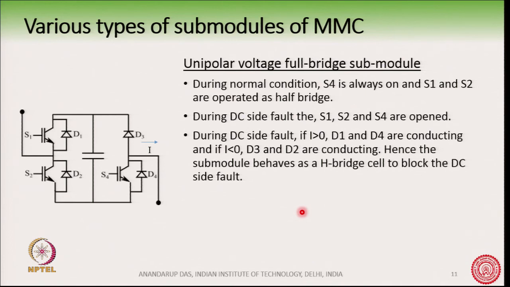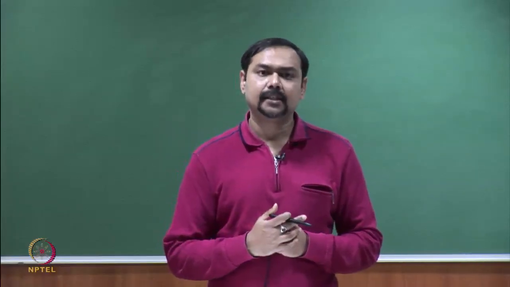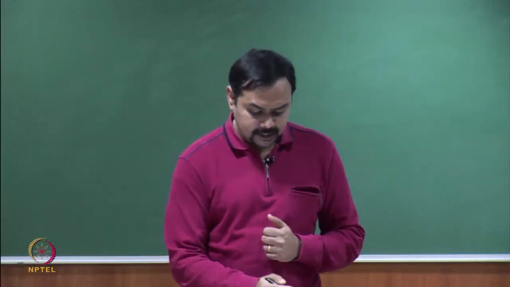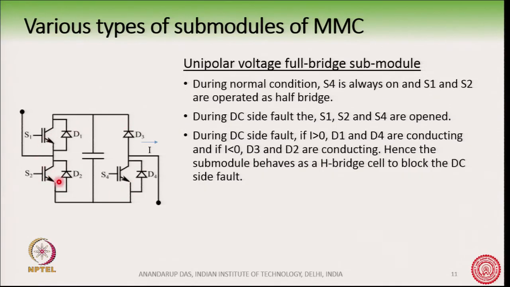All these submodules have some advantages. They have the same functionality as the full bridge, but you can see that in this topology one switch has been reduced. This switch here, as compared to the full bridge, has been removed.